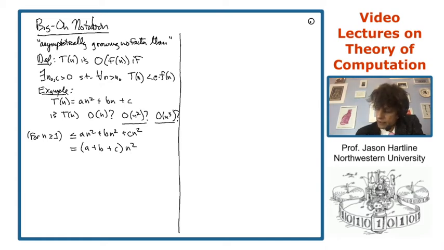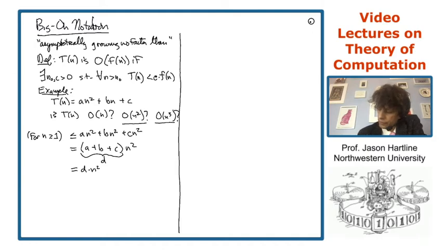And we realize we can rename a plus b plus c as some constant d, and so this is equal to d times n squared. Okay, so we see that for n bigger than n naught equal to 1, this function T of n is no more than d n squared.